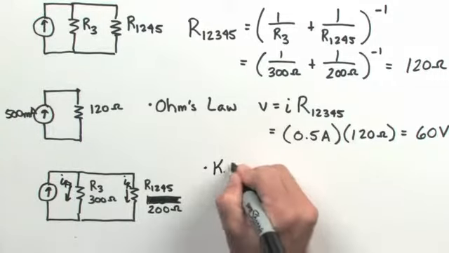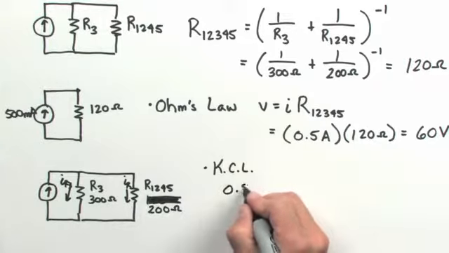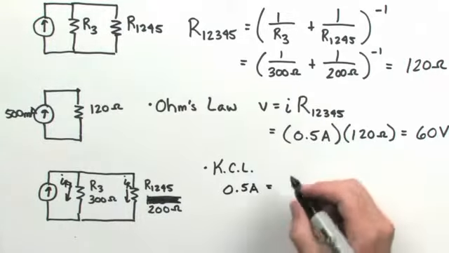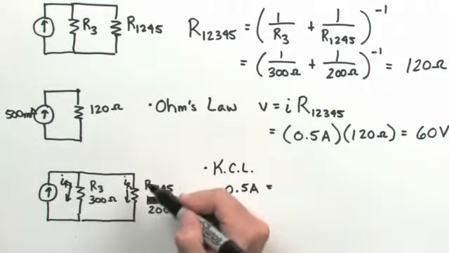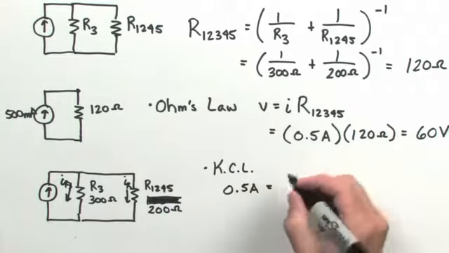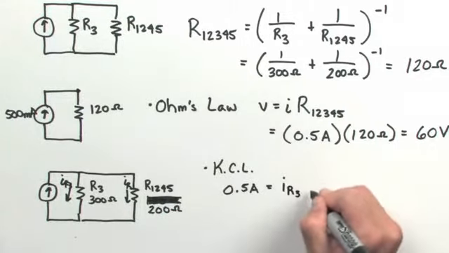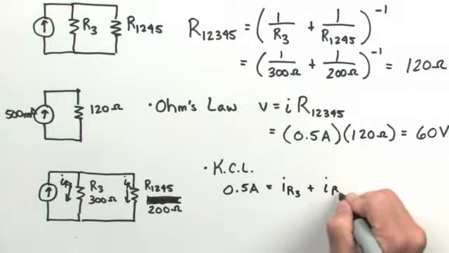Based on Kirchhoff's current law, we know that the 0.5 amps supplied by the power supply needs to be equal to the current that leaves through both resistor R3 and this equivalent resistance. So it needs to be IR3 plus the current leaving through that equivalent resistance.